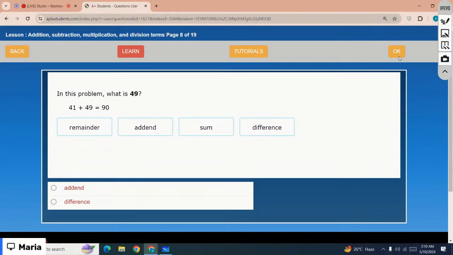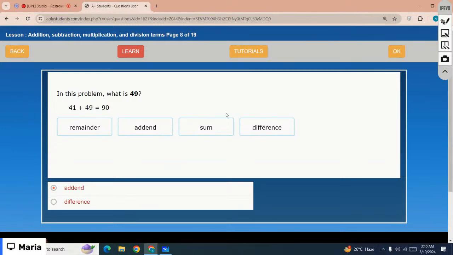In this problem, what is 49? Which is the correct option? The correct option is added.